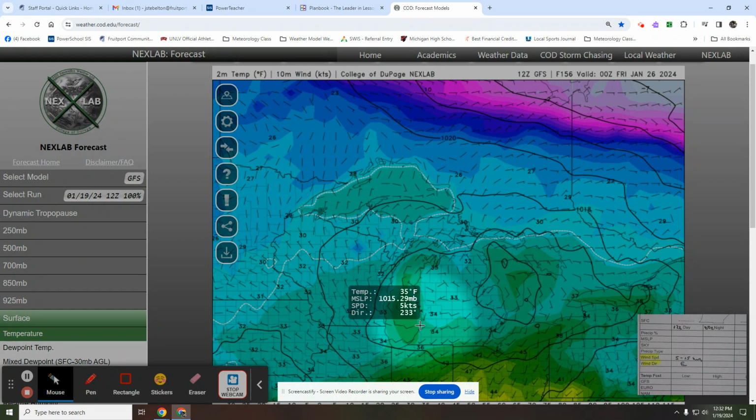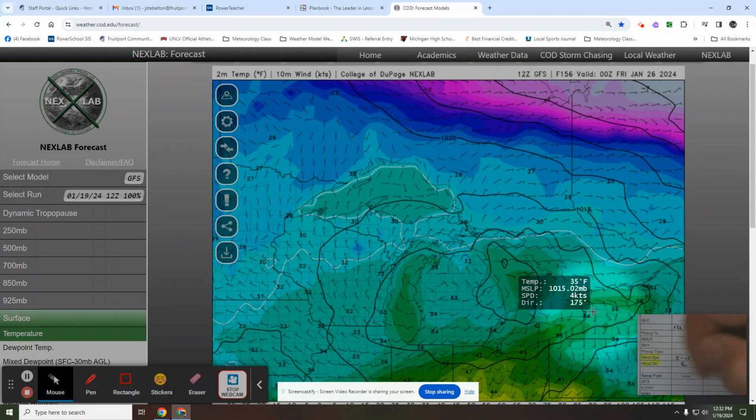But if I was looking at this wind barb right here, it would be from the south or the southwest at about 5 knots. So if I put my cursor over Fruitport, it says 3 knots there. So I'm going to say the wind direction, you could put south, or you could just put a line because it's switching so much. And the wind speed 0 to 5 knots.